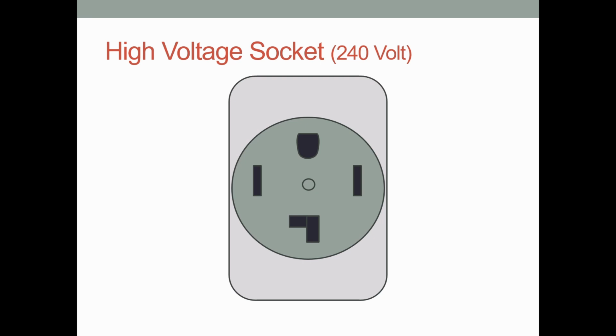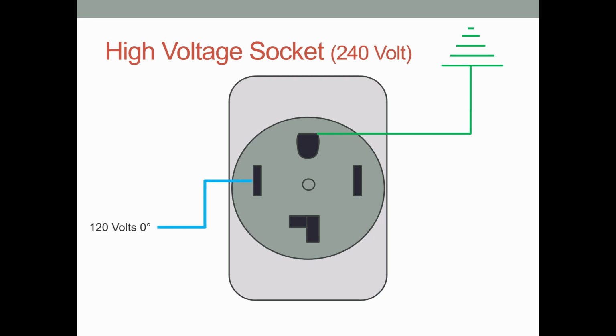This slide depicts a 240 volt outlet like a dryer, an oven, or an older X-ray machine might use. The top wire is the ground wire, and it is used to protect the operator if the case or housing of the machine should ever come in contact with a live wire.